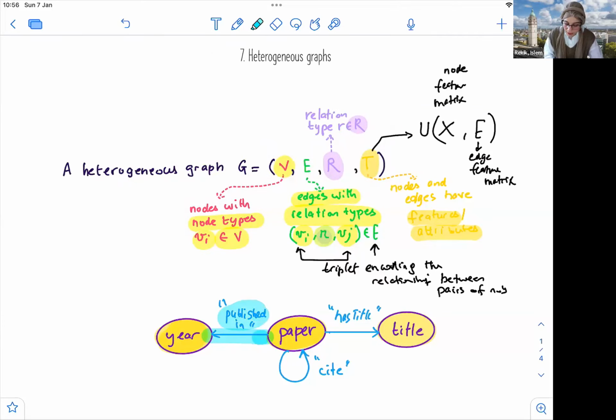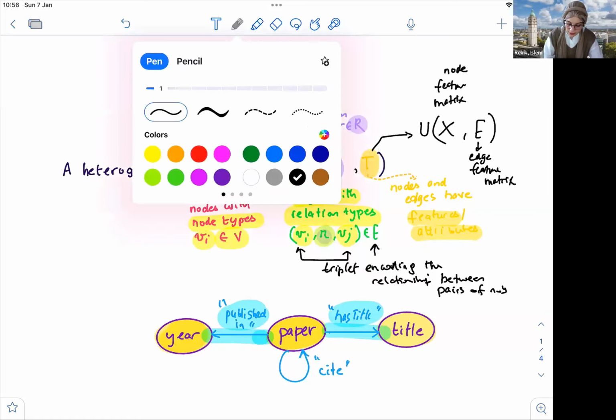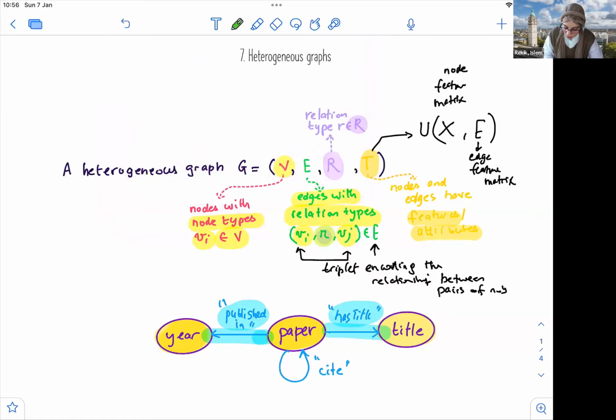It belongs to R. "Has title" belongs to R. And you can see that here we can define the E. If we call this node 1 and node 2, then E_{1,2} is equal to a triplet, which is V1, node 1, the relationship is "has title", and then V2. All right, so this belongs to our big E over there.